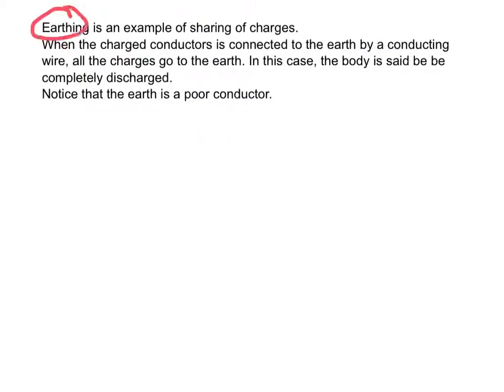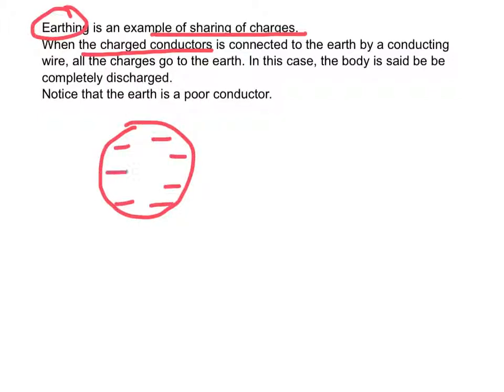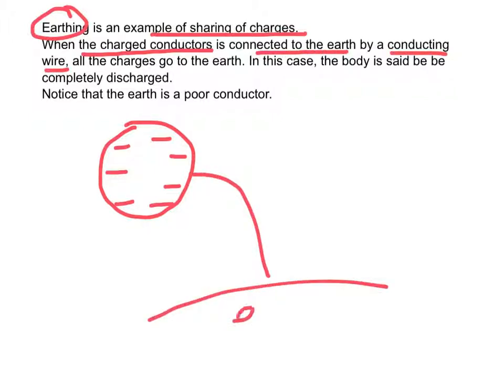Earthing is an example of sharing of charges. For example, we have a negatively charged conductor which is connected to the earth by a conducting wire. Since the earth is also a conductor, the charges are shared by both the conductor and the earth.